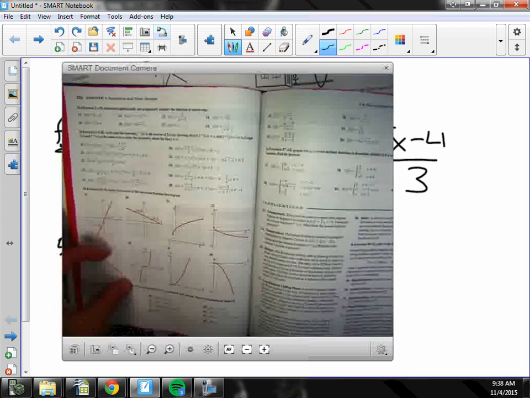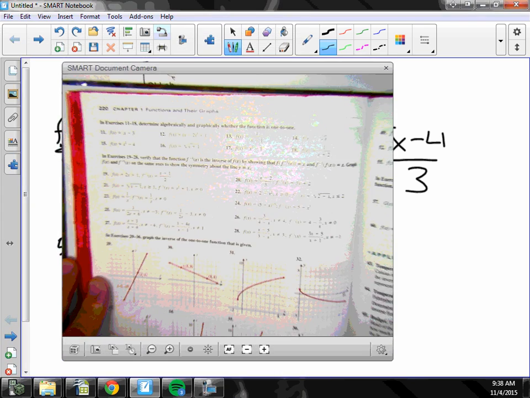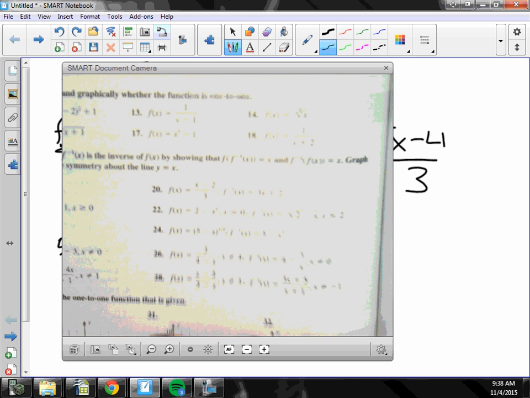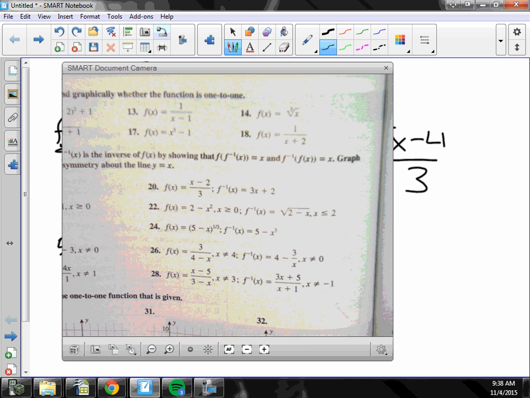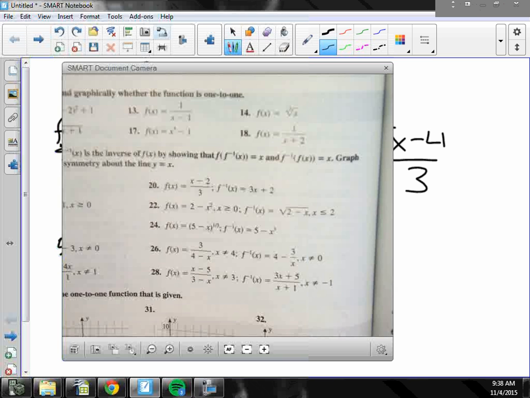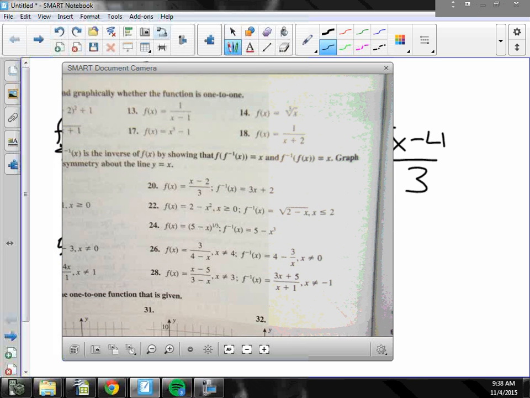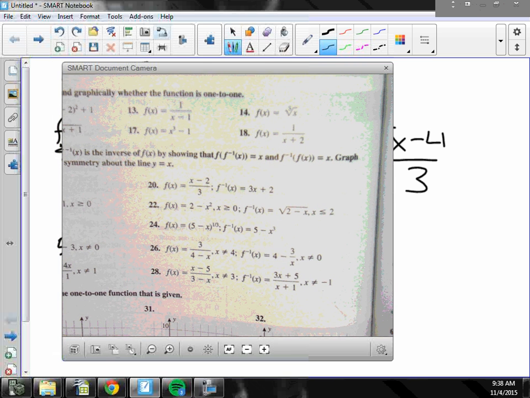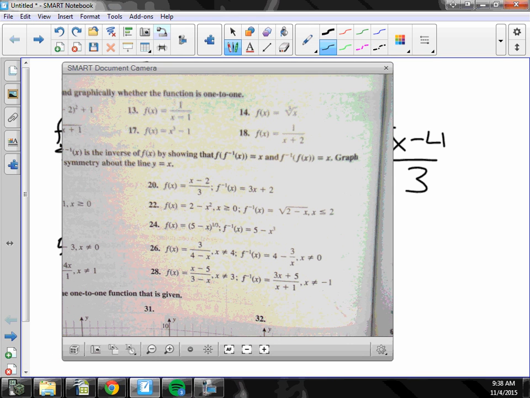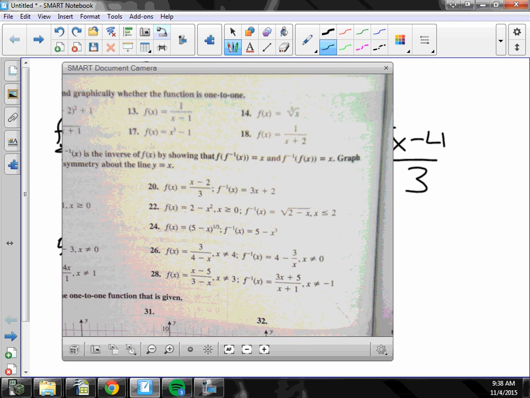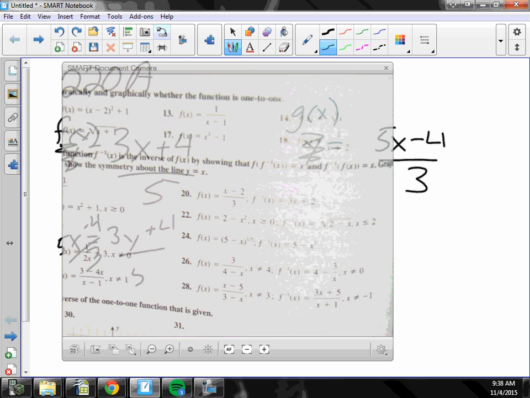It wants you to verify this by showing that f composed with f inverse equals the identity function x, and f inverse composed with f equals x. I don't care which one you do. You only need to do one of those. There's no sense in doing them both. So you'll plug one into the other and verify that you get the identity.